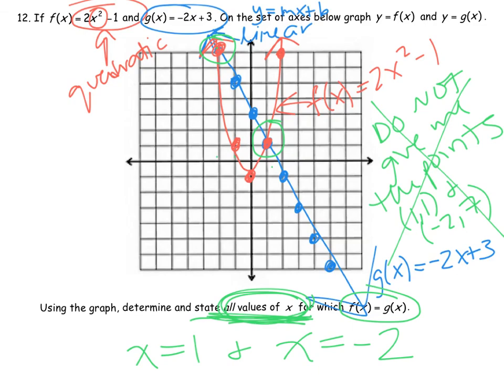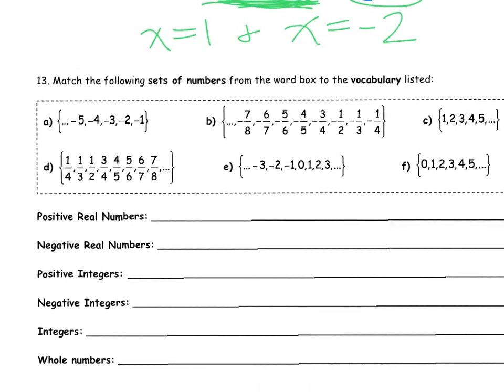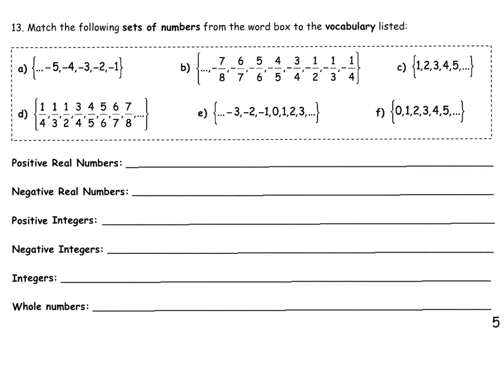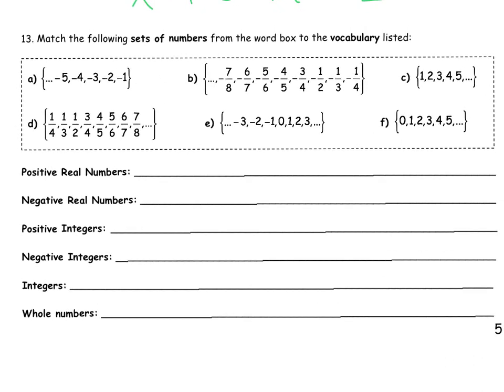All right, last question, and then we're done here, guys. All right, so what I was noticing, the reason why I put this on the review sheet is because a lot of you guys didn't know your different sets of numbers. Okay, this does show up, unfortunately, so I need to show it to you. So, you need to know positive real numbers, guys, could be anything like pi, like 7/8, like 0.3 repeating.